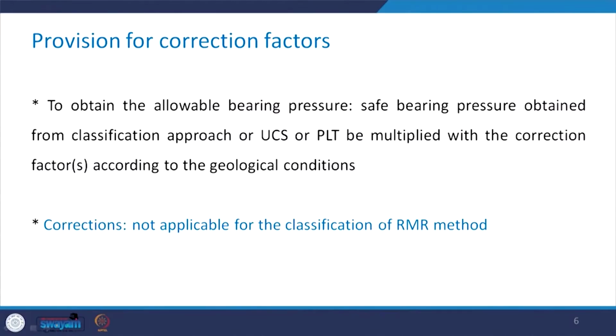Here a word of caution: these corrections should not be applied for the RMR method. That is, in case we have obtained the safe bearing pressure from the RMR method, these corrections should not be applied. But otherwise, for UCS, for plate load test and for other classification approaches that we discussed in the previous class, the correction factors should be applied.